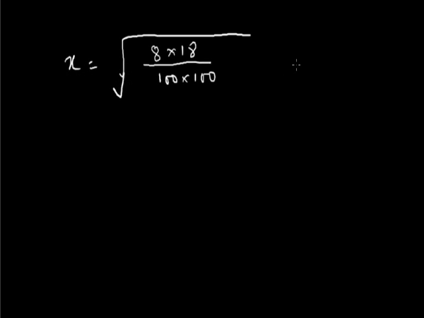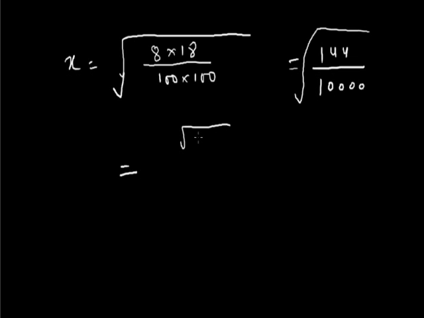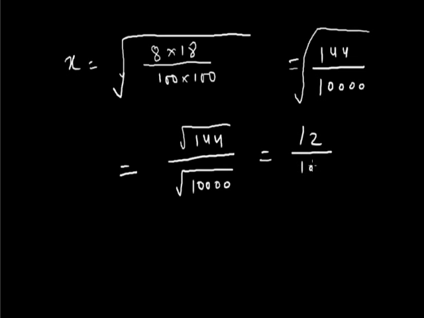This reduces to 8 multiplied by 18 equals 144, and 100 multiplied by 100 equals 10,000, and the whole under root, that means x equals square root of 144 divided by square root of 10,000. The square root of 144 is 12 and the square root of 10,000 is 100.